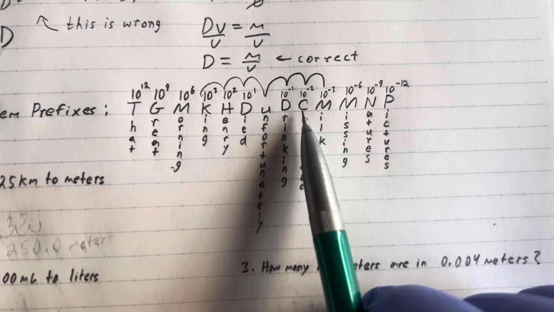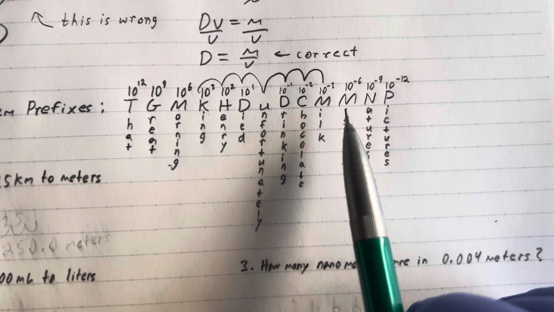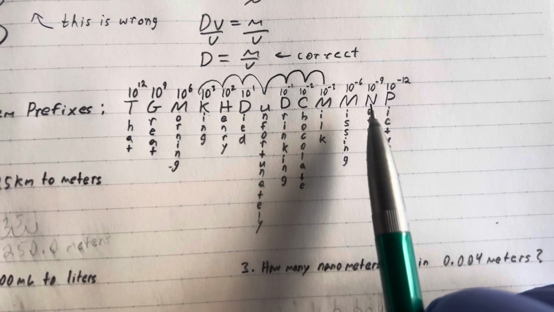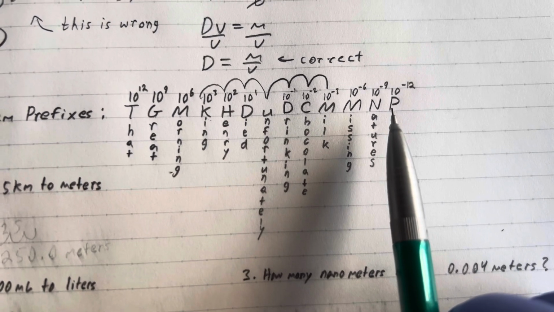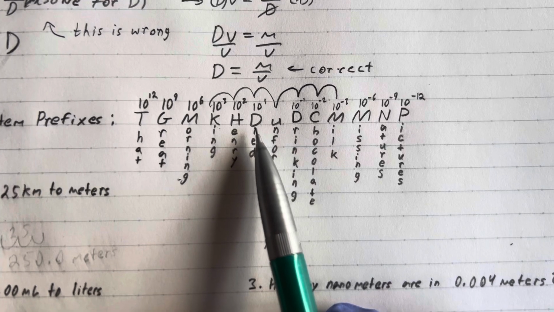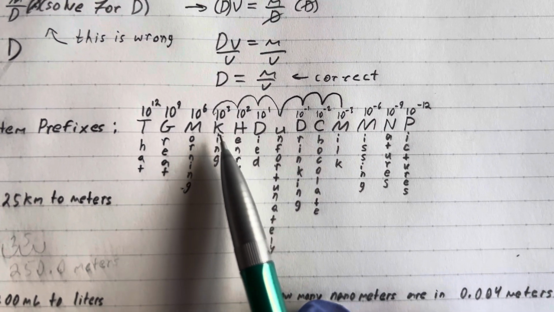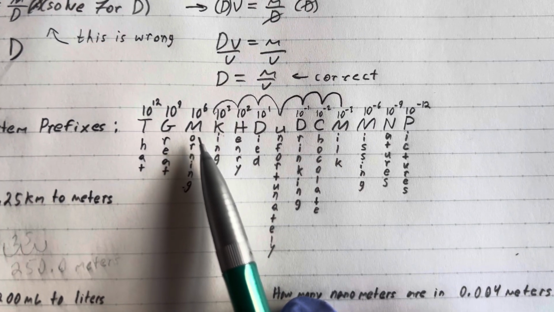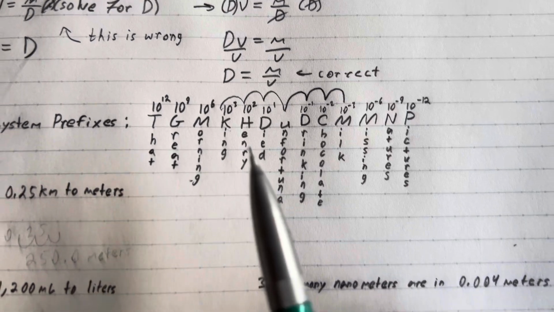The C is centi. The M is milli. The M right here is micro. This one is nano, and this one is pico. This one is deca, this is hecto, this is kilo, this is mega, this is giga, and this is tera, I'm pretty sure.